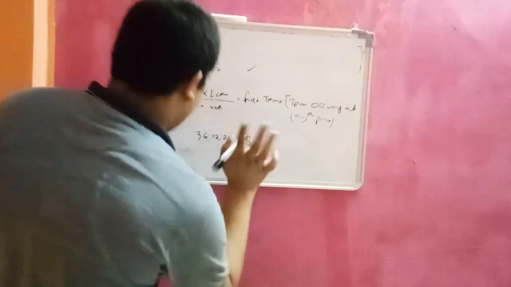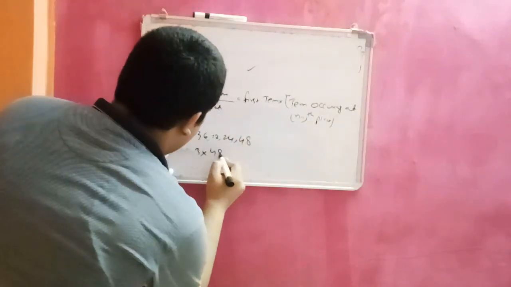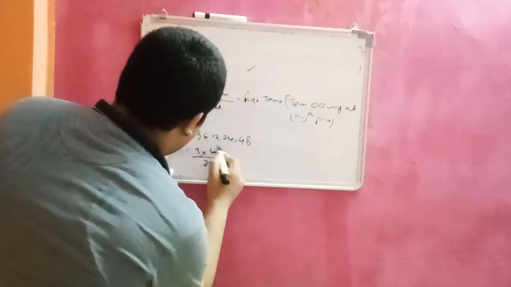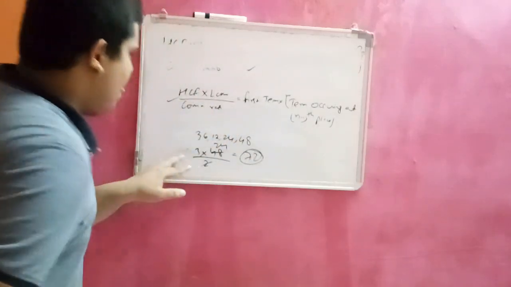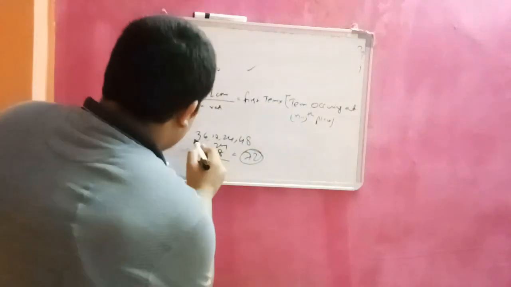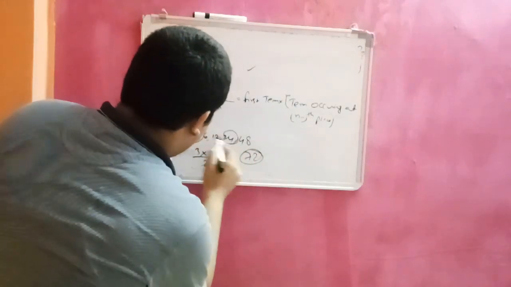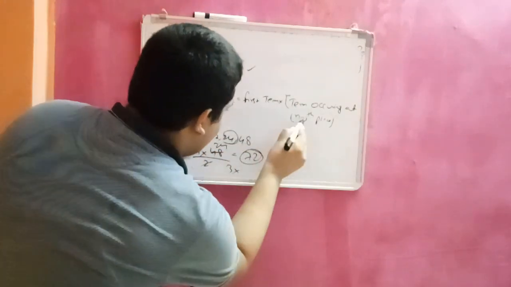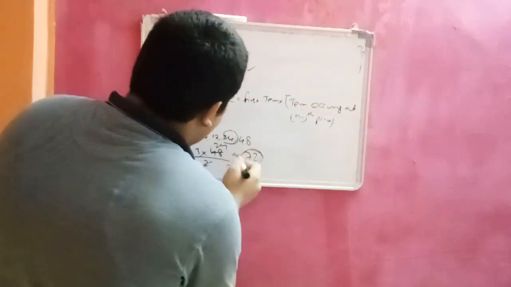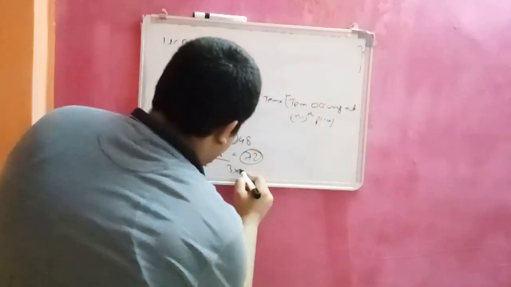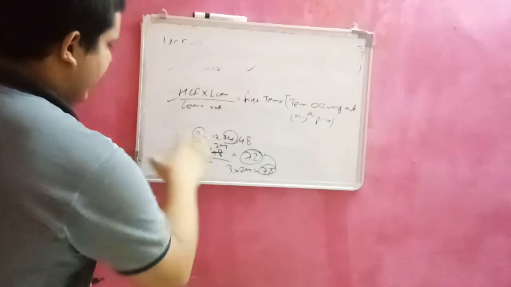HCF is first term, 3, into LCM, last term, 48, by common ratio 2, which is 24, and 24 times 3 is 72. It is equal to the first term, that is 3, times the term occurring at n minus 1 place. There are 5 terms, 5 minus 1 is fourth place, the number which occurs at fourth place is 24, into first term 3, that is 72. It is equal. So this is my second relation.